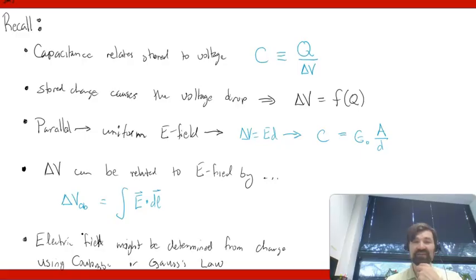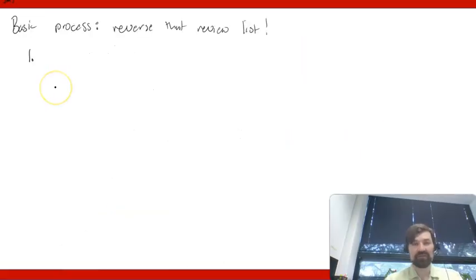You start by figuring out what the E field should look like as a function of the charge. Then you integrate E dot dl to get your delta V. Now you have delta V as a function of charge, and you can use C equals Q over delta V. So again, you're reversing the review list.